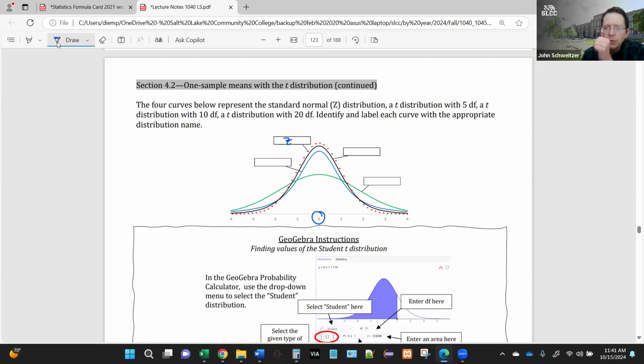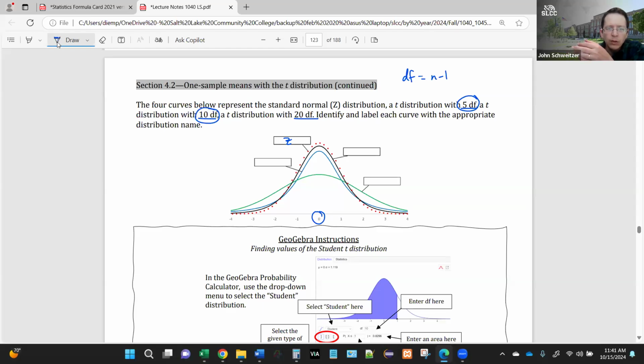We have three t distributions: one with 5 degrees of freedom, one with 10, and one with 20. Remember, degrees of freedom equals n minus 1, so it's closely related to the sample size. For 5 degrees of freedom, that's basically sample size 6, so it's a small sample.